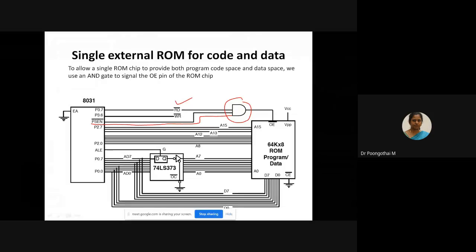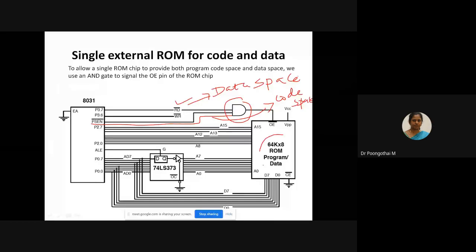Read bar is used to access external data space, and program store enable is for accessing external code space. Both the program as well as data are stored in this ROM memory.